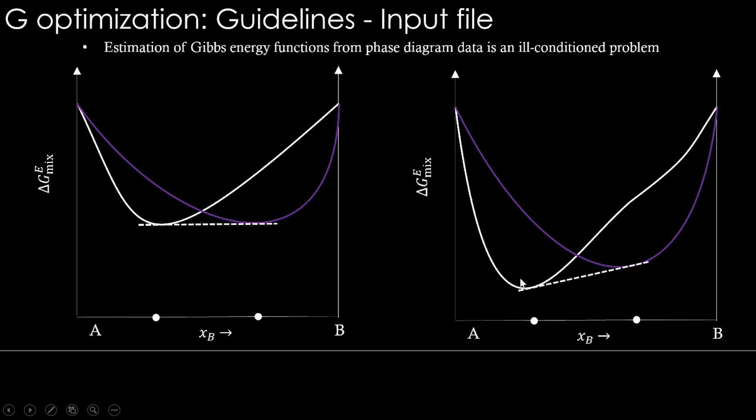Okay, so you can see for the same data points itself, I can get different Gibbs energy curves going across. So if the data is slightly wrong, then I can get very different Gibbs energy curves. Okay, so there is a huge scope of error when we use only constitutional data. We have to be careful with that.